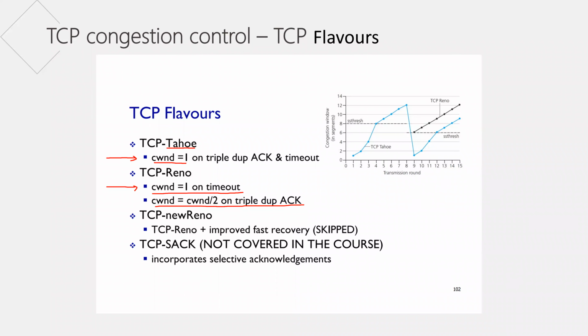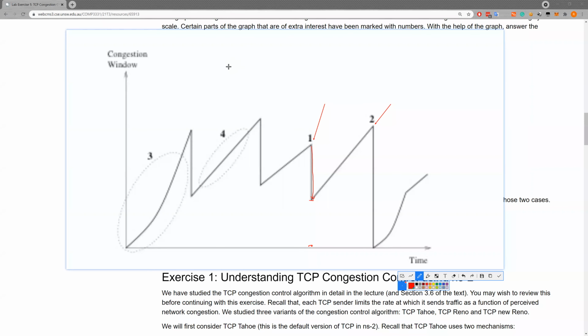Why do we come to here instead of coming to here? Obviously it is Reno, right? Because if we were using Tahoe, we would always go back to 1. So in here, we come to halfway, so it must be Reno.